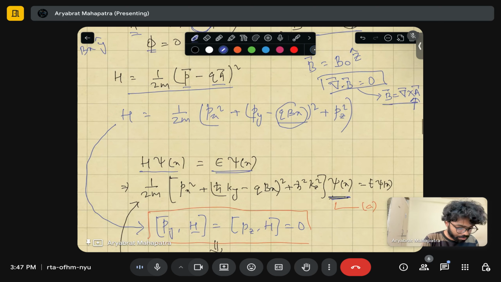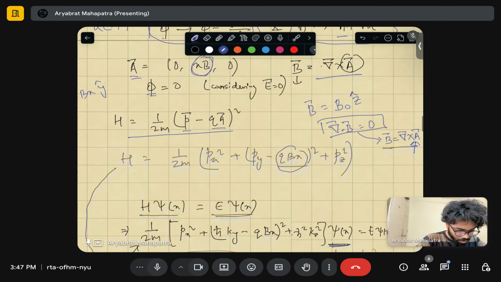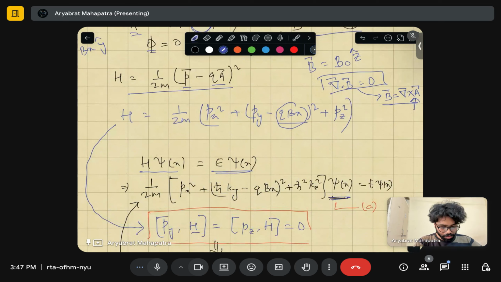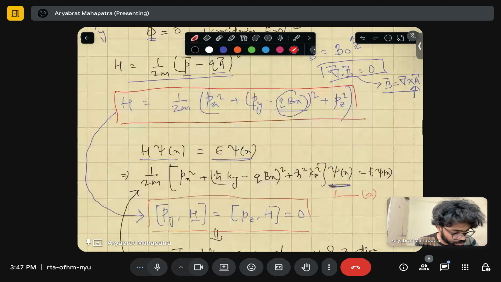Now, how will you see this in quantum mechanics? For quantum mechanics, you first need the Hamiltonian, which you have already defined here.